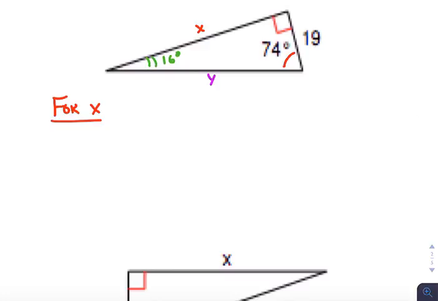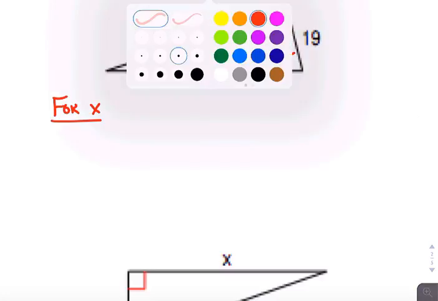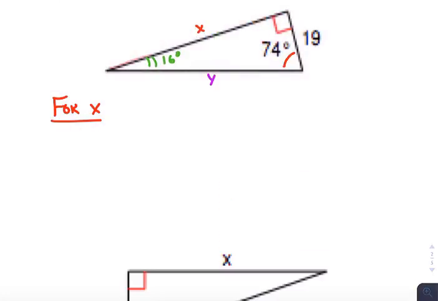Now that we have 74 chosen as a reference angle, we have to write a ratio. And so we have to identify what sides we were given to actually solve this problem. I need to find X because that's what I've chosen to find first. And we can note that that's the side directly across from 74, and it's not the hypotenuse, so we can call this guy the opposite side.